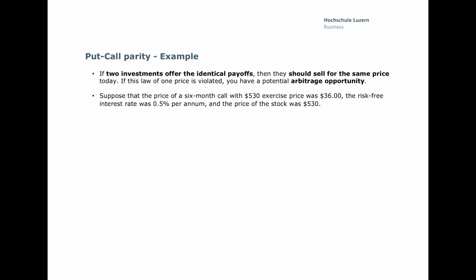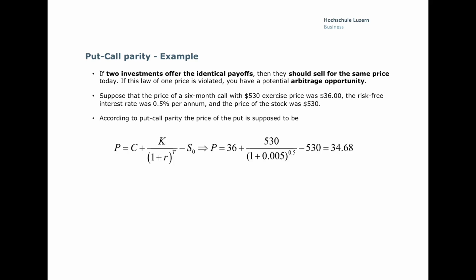Suppose that the price of a 6-month call option with an exercise price of $530 was $36. The annual risk-free interest rate is supposed to be 0.5%, and the price of the stock is $530. Using put-call parity to compute the price of the put implies a value of $34.68.